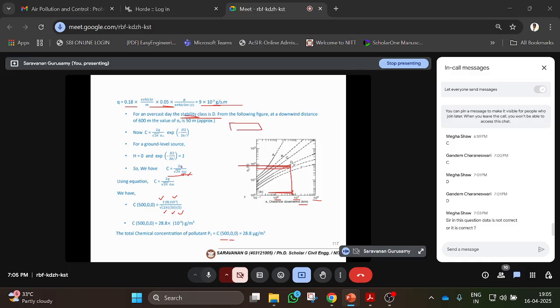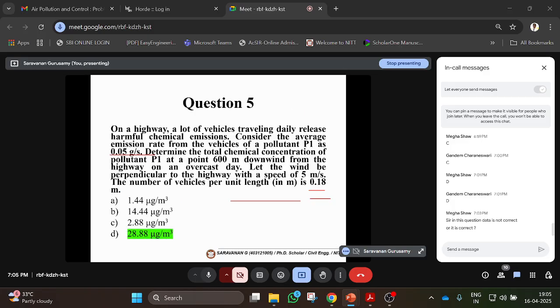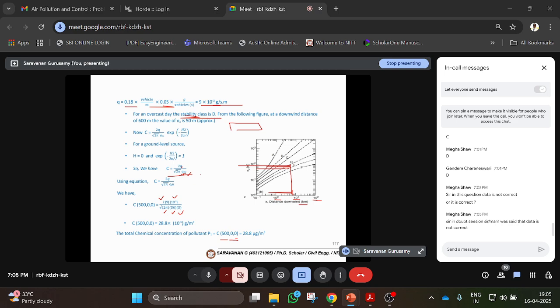Because they are asking at 600 meters, sigma y will not come. It's correct only, ma'am. Do you have any doubt in this? It was said that the data is not correct, but everything is correct only. It is ground level, so H equals 0, so all these exponential components become 1. There is no problem in the question.